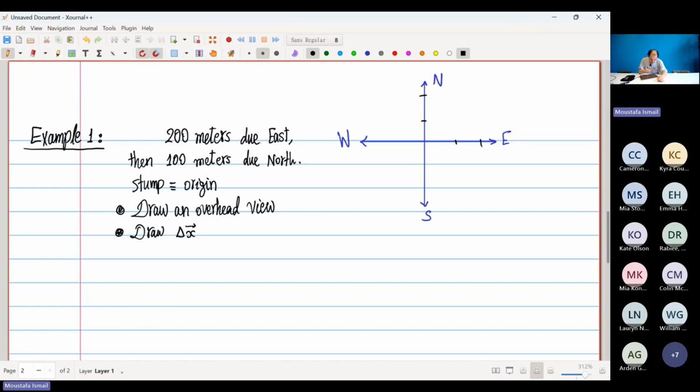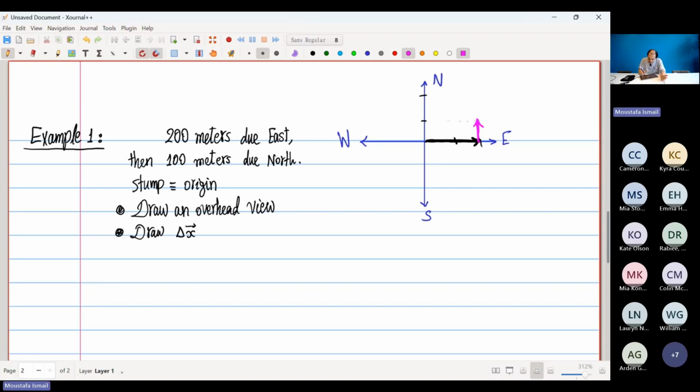So Bob walks 200 meters due east. So that's this part here. This is the first part of his journey. And then from there, he moves 100 meters due north. So all the way here. So this is the second leg.